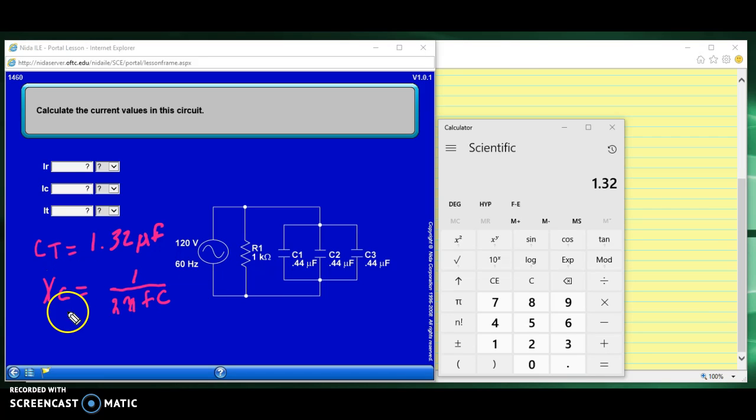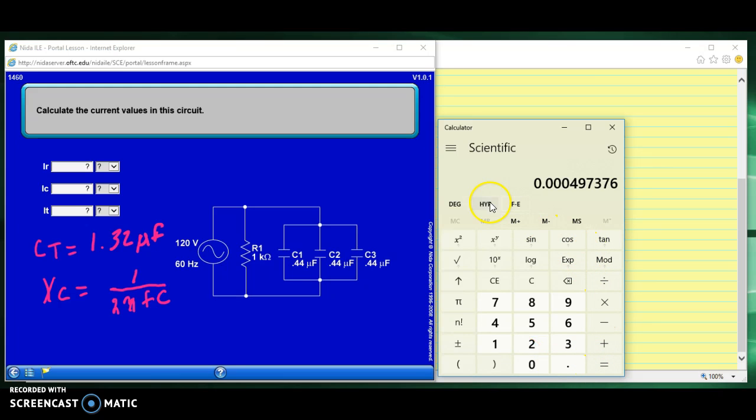We've got CT, and now we're working on our X of C. So 2 pi, 6.28, times frequency 60, times 0.00000132. The decimal point in 1.32 micro, we have to move back 6 places: 1, 2, 3, 4, 5, 6. That gives us farads.